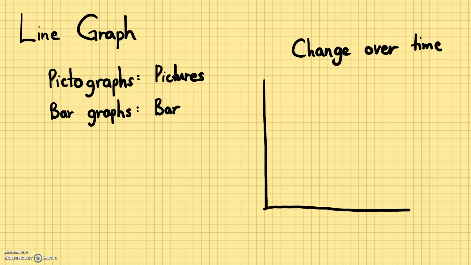Okay, so let me give an example of a line graph like this. I'm going to mark out a few time periods here. Let's say this was in January, February, March, April, and May.